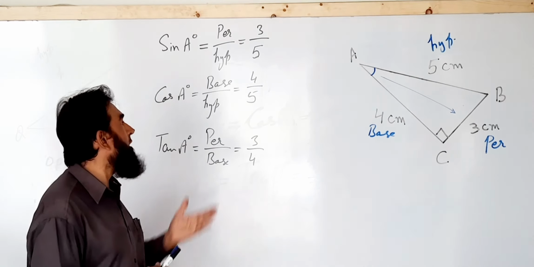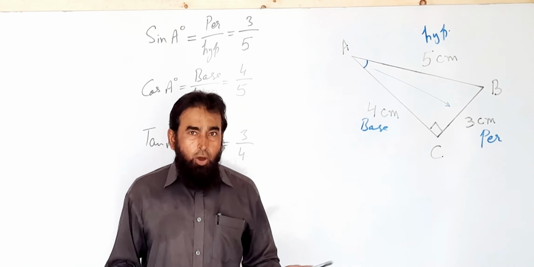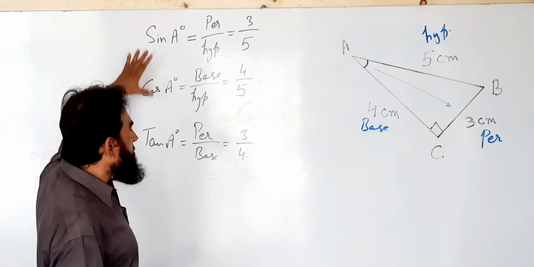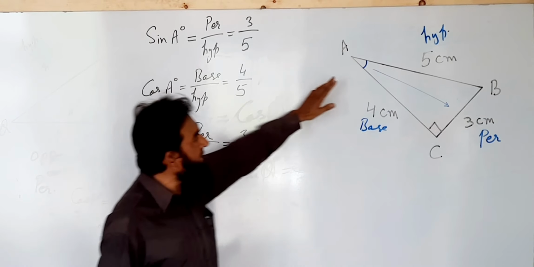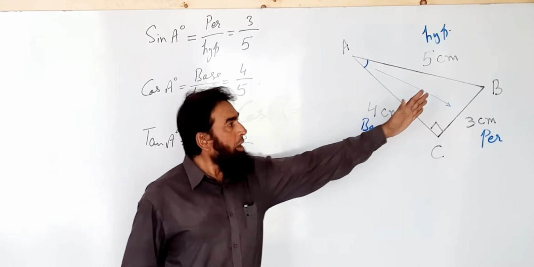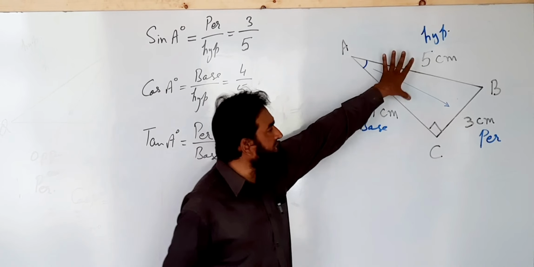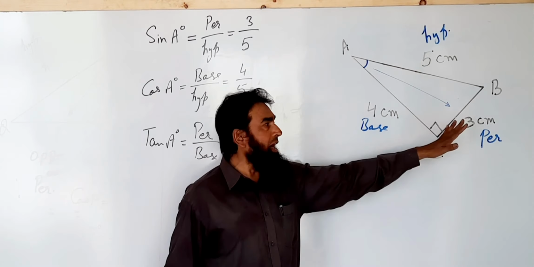With the help of these trigonometric ratios, you can also find out angle A or angle B. You can see that in this right angle triangle, all three sides are given.